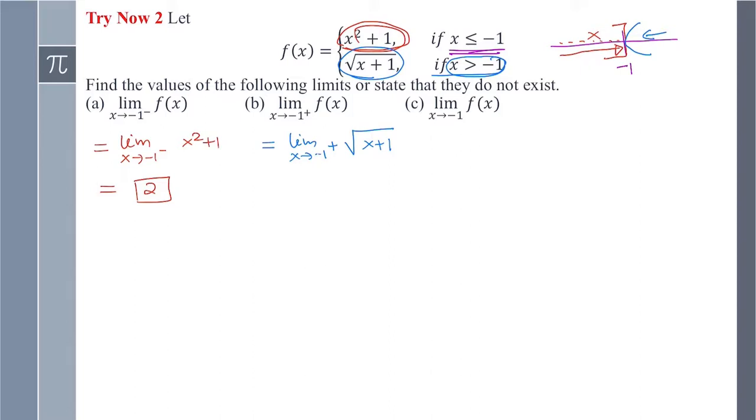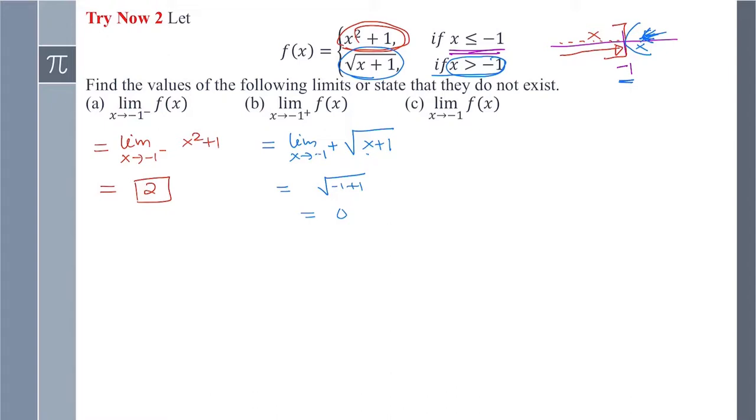We are approaching -1 from the right. That means the x value is greater than -1, so it's not going to give us a negative value here. That means we can do the direct substitution. That gives us -1 plus 1, and that is 0. So the right hand limit is 0.